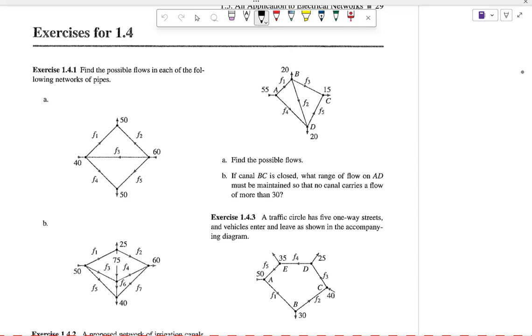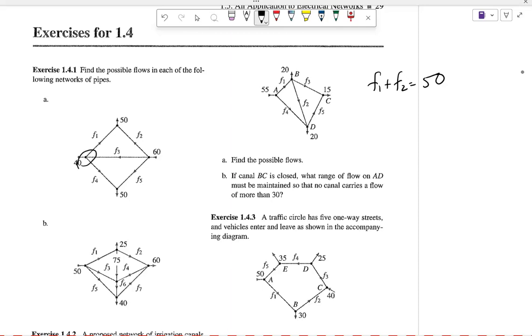What's going into that node? F1 and F2. What's coming out? 50. So can you come up with an equation that represents what goes in, what comes out? F1 plus F2 equals 50, right? Does that make sense?